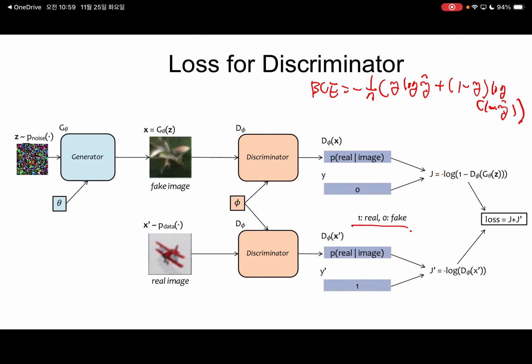This is binary cross entropy, and when training the discriminator, as I introduced, we want the discriminator to classify the generated image as belonging to the fake class, class 0, and real images from a data set, let's say we have a data set.